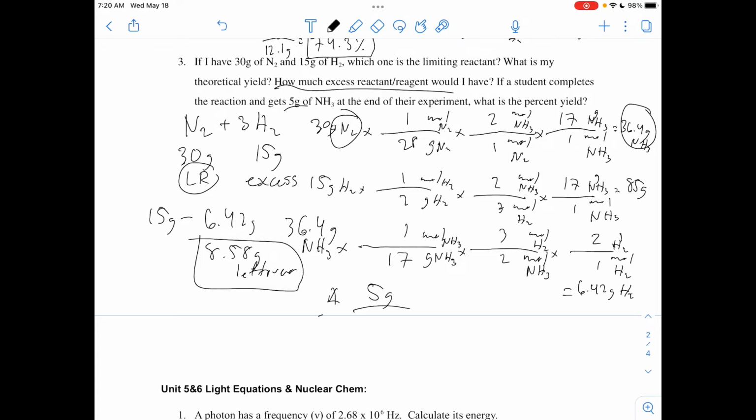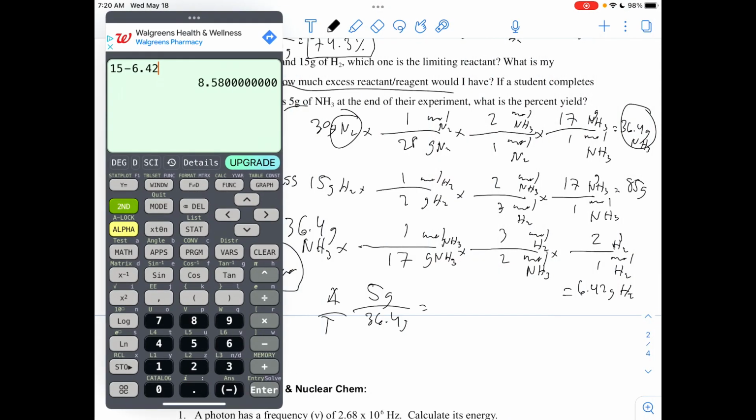That's the actual value, so 5 grams, remember it's actual over theoretical, so 36.4 grams. So 5 over 36.4 times 100 would give us 13.7%.